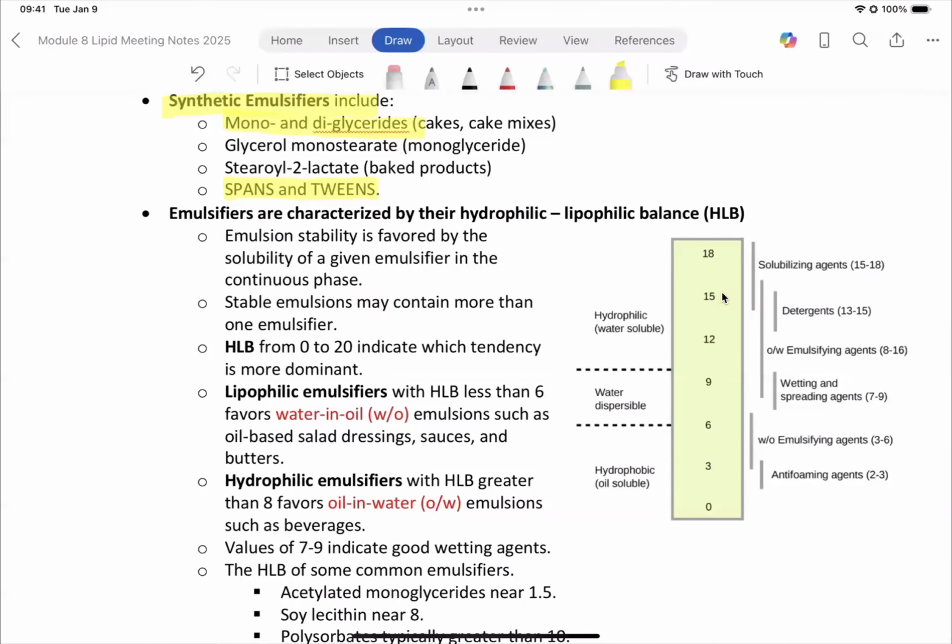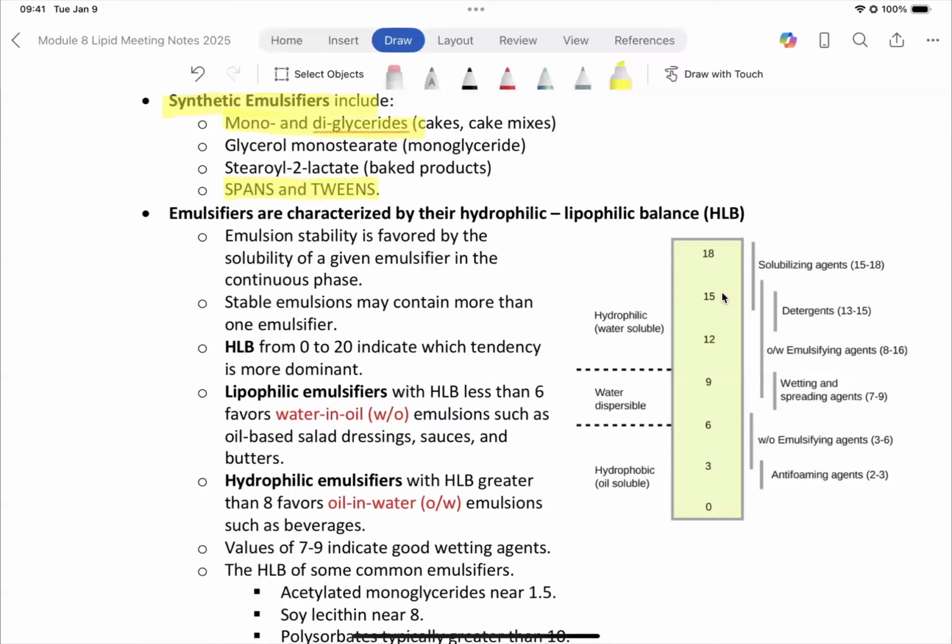Do any of you guys use emulsifiers? John's going yes. And Trevor, yes. Do you know what the HLB number is for your emulsifier? Nope. Do you guys use that number?